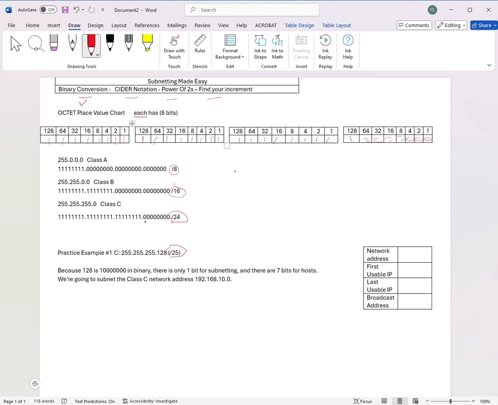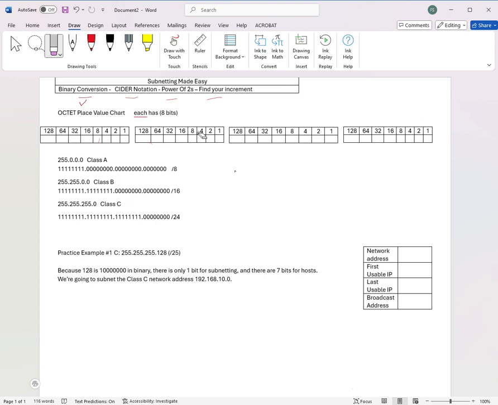So now let's go to the power of 2's. So we went over binary. Just going to erase this. Now we're going to talk about the power of 2's.